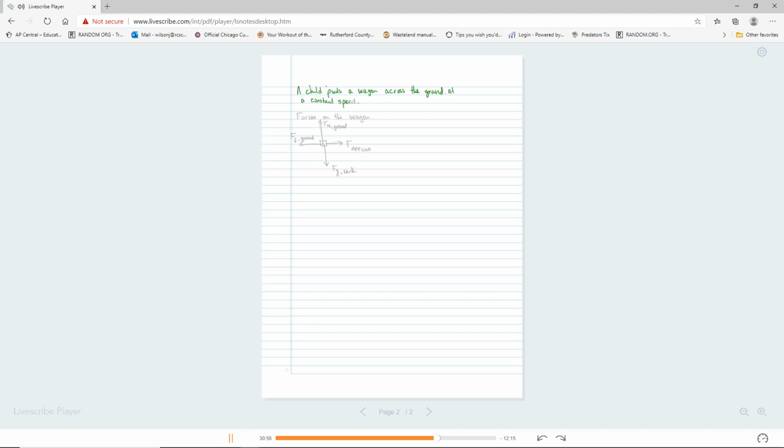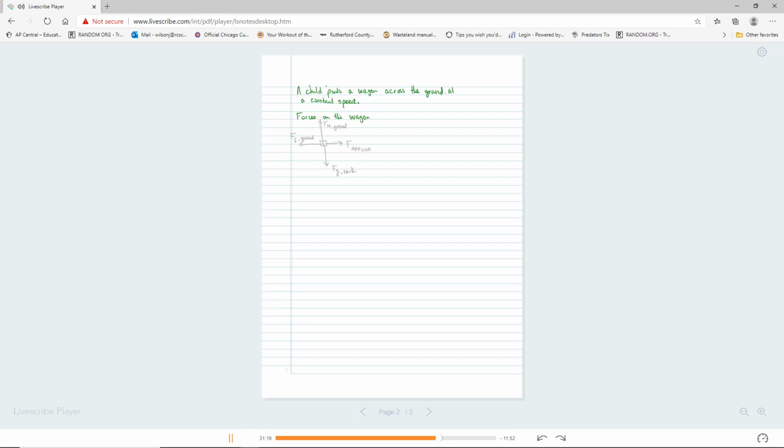So in this case, we're going to have a child pulling a wagon across the ground at a constant speed. So the first thing we're going to look at is what are the forces on the wagon. And most of the time in our physics problems, you only ever work with one free body diagram.